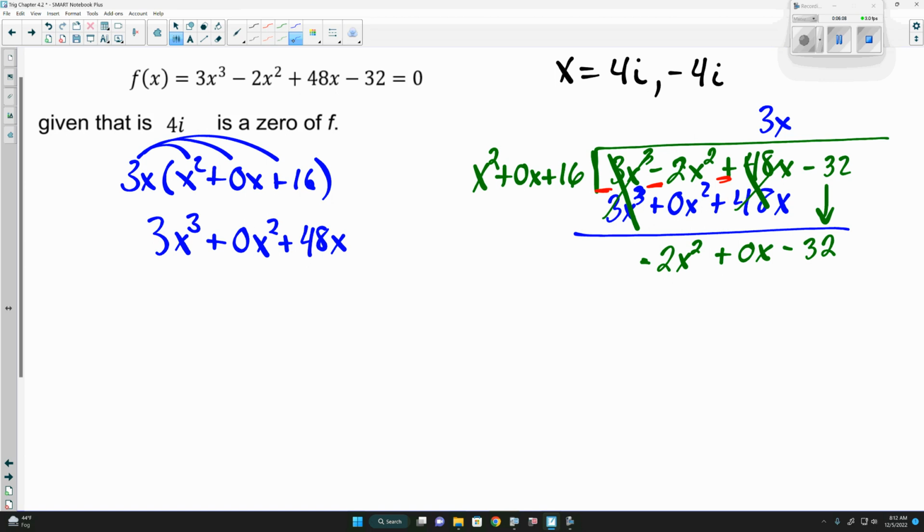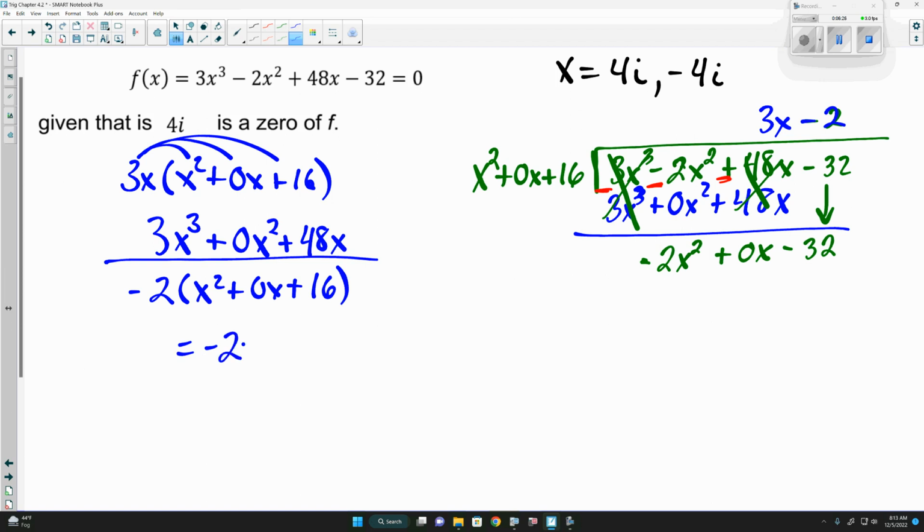Next thing we need to do is see what times x squared gives us negative 2x squared. Well, it would be negative 2. And we can do that next. Negative 2 times x squared plus 0x plus 16 will give us negative 2x squared plus 0x minus 32.